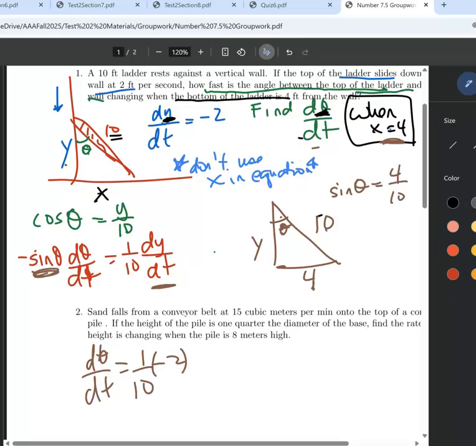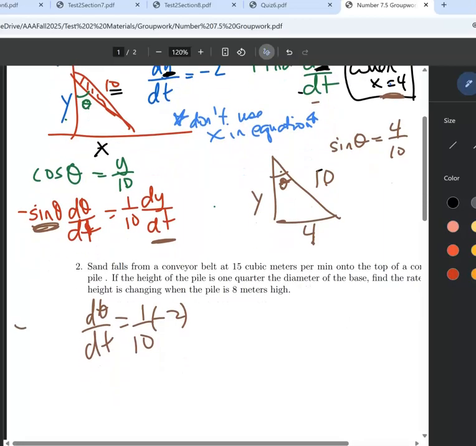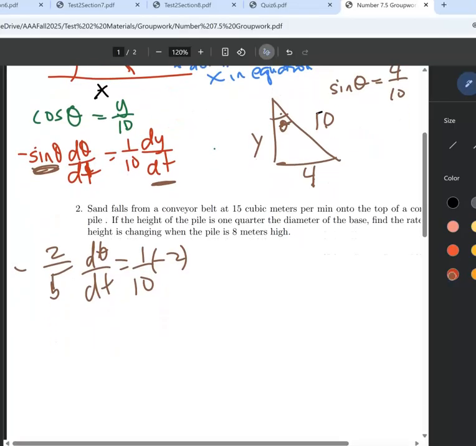I get to take out sine of theta and put in, simplified, 2 over 5. Then I'm going to multiply both sides. Let me go slow so I don't make a mistake. This would give me a -1/5 times a -5 over 2, so that gives me +1/2.